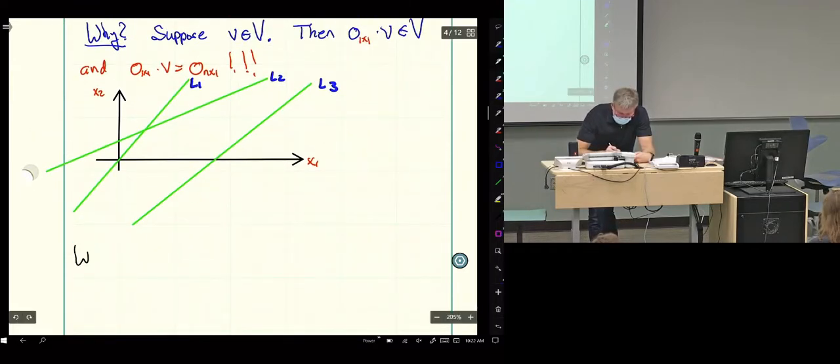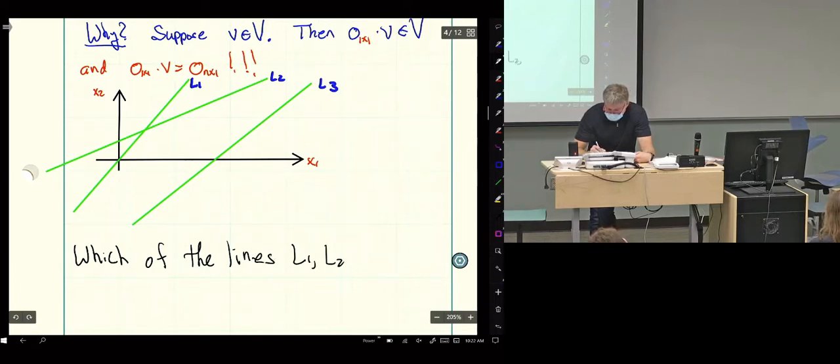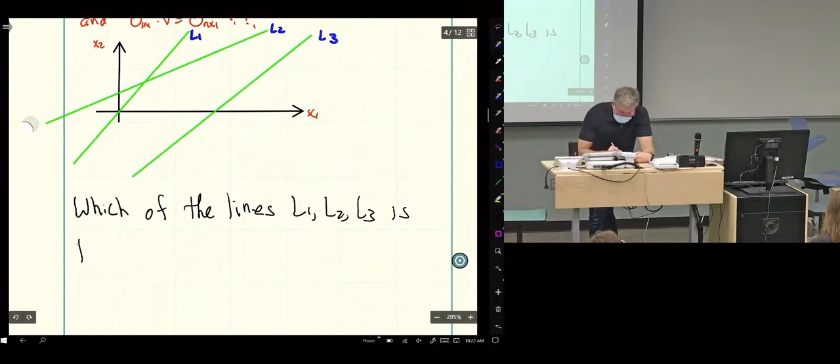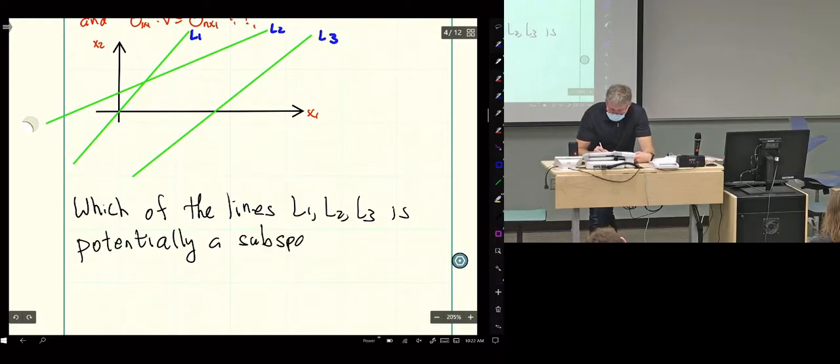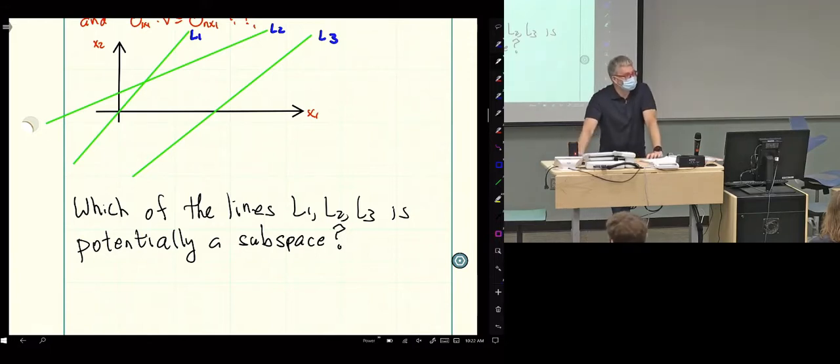Which of the lines L1, L2, L3 is potentially a subspace? Can we eliminate some of them just by our very simple screening test?